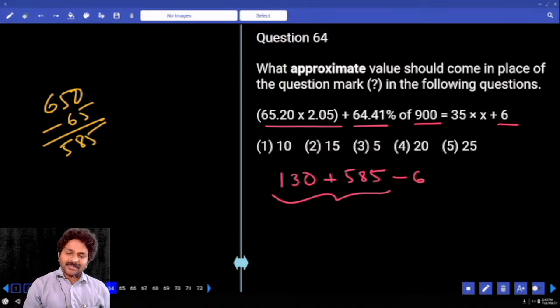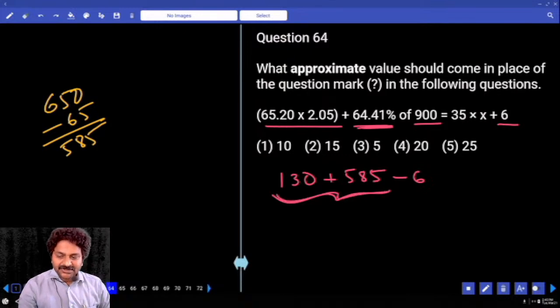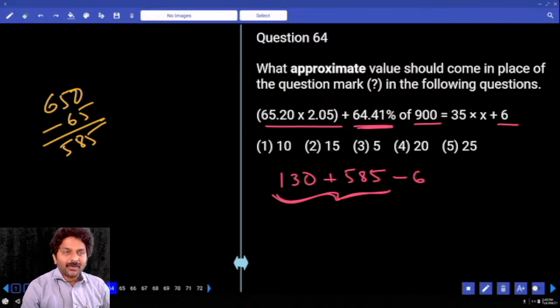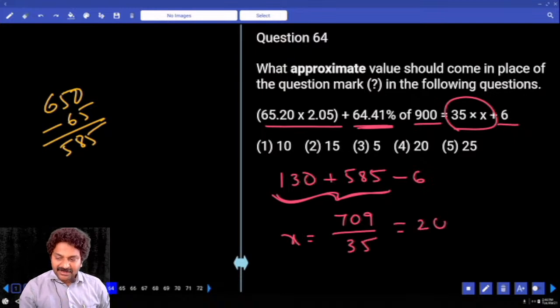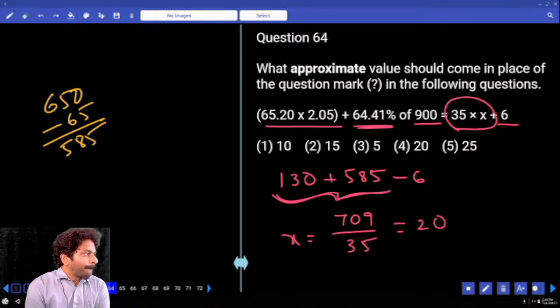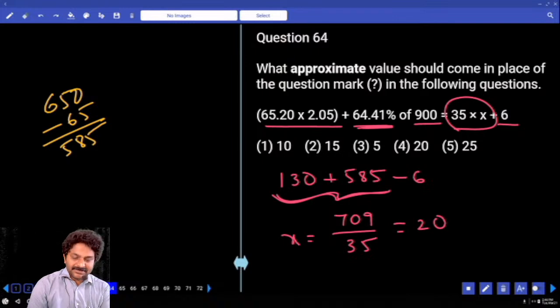It doesn't matter, you are thinking about 64. How much is the positive number? 715 minus 6. 709, which is equal to 35x. X is equal to 709 by 35, which is exactly 20 times.